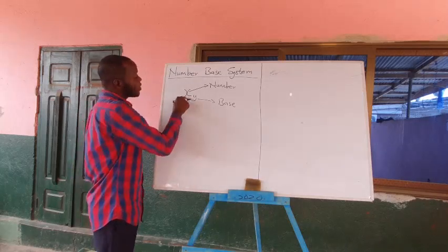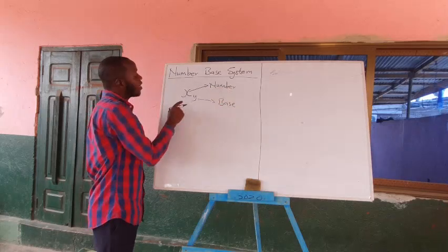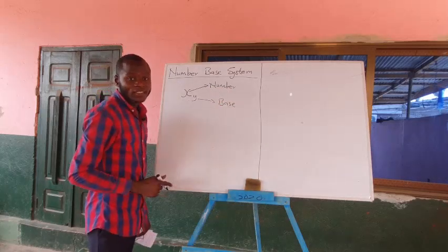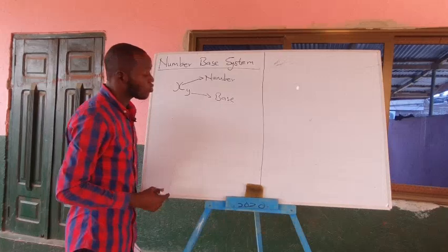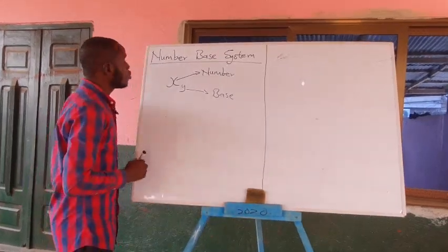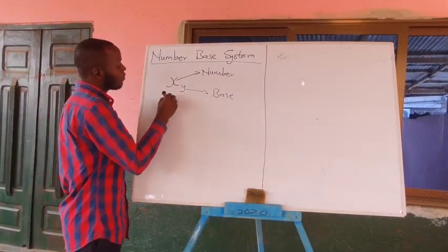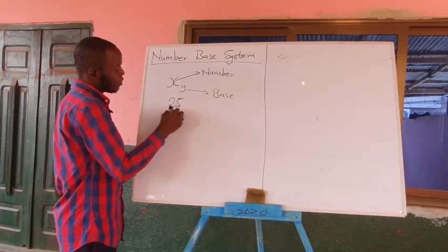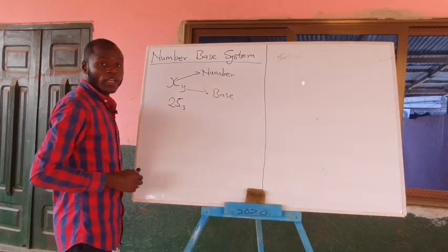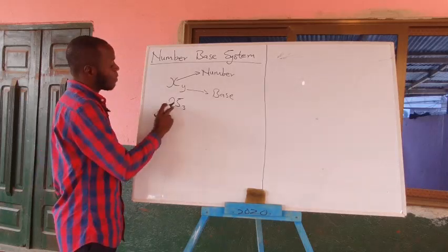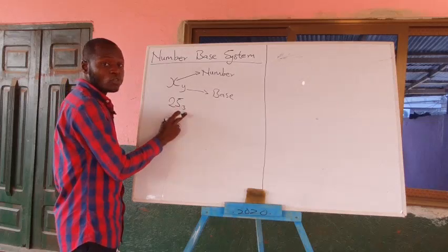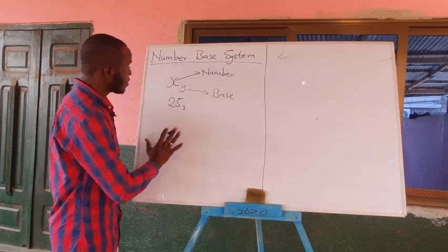The value tells you that that is the number, and the subscript tells you the base in which you are working or counting. An example is 25 subscript 3. What it means is we have the number 25 to the base 3.